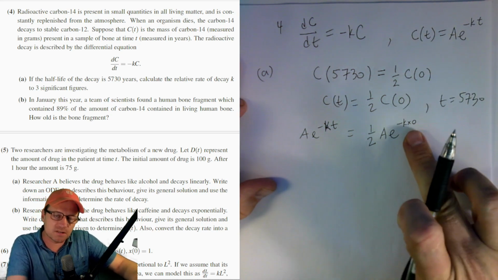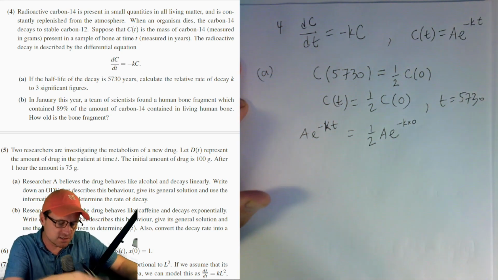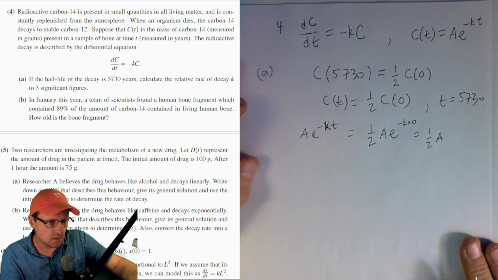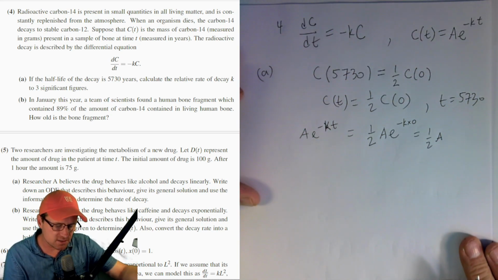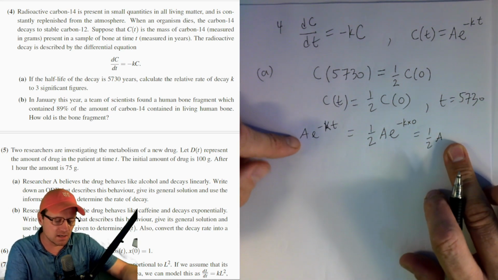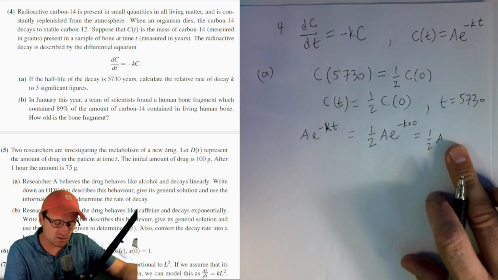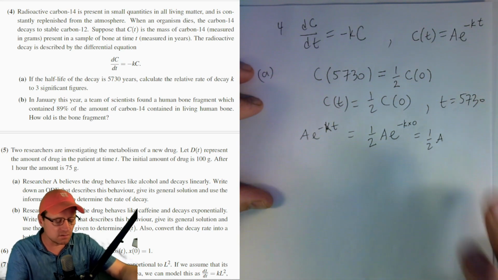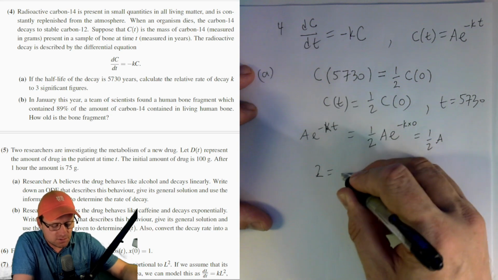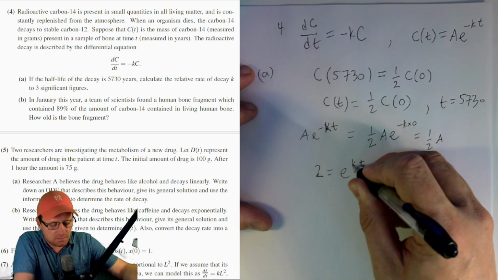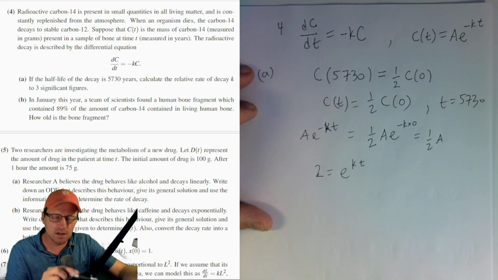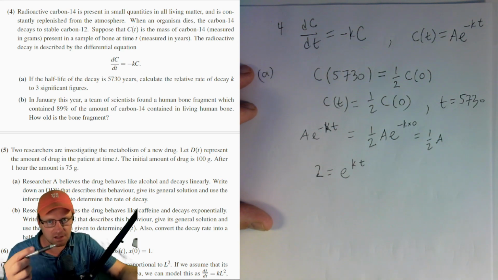That exponent is 0, so e to the 0 is 1, and so we have 1/2 A. You can see we have an A on the right-hand side and an A on the left-hand side, and if that A is non-zero, then they can just cancel. And so from this, we'll get 2 is equal to e to the kT, having multiplied both sides by 2 and by e to the kT.